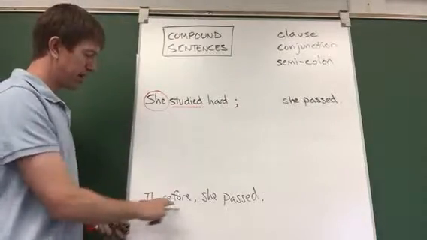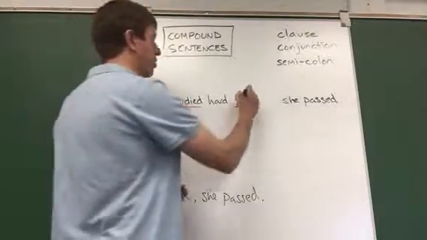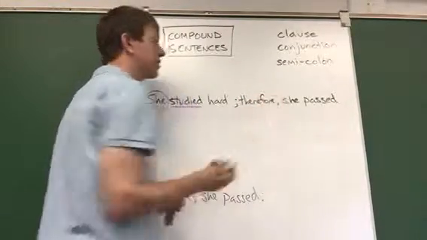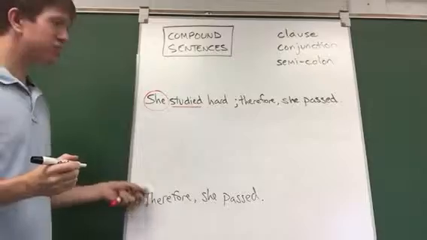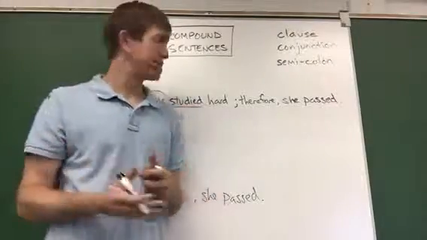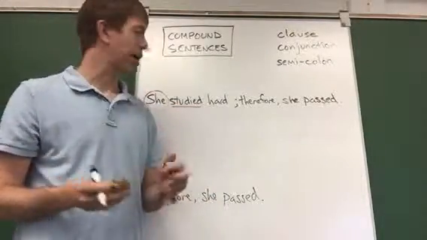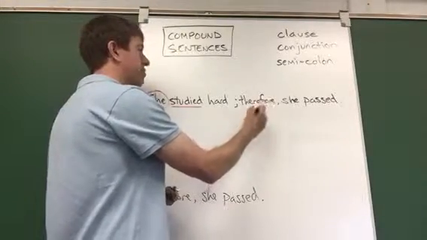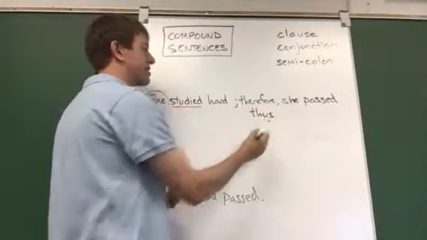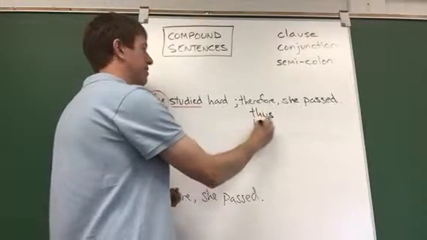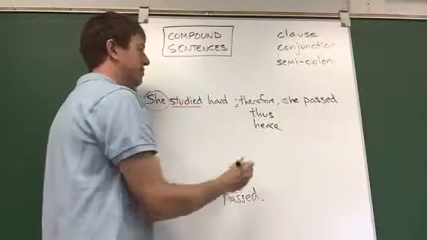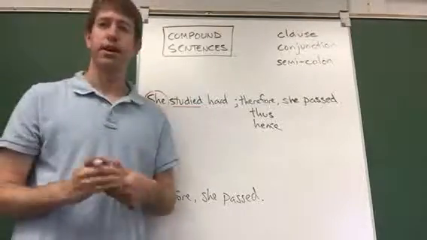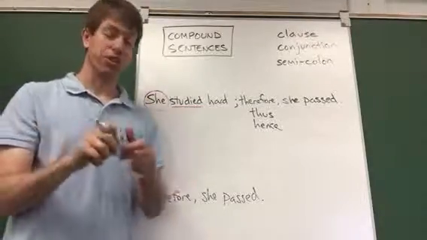But we could use a word like therefore. So we could try that. Therefore, she passed. And this is just an adverb. It's not really a special grammar word. But there are other words like this, other adverbs we could use, like thus, hence. These are kind of formal words. But formal words are good when you're writing an essay.